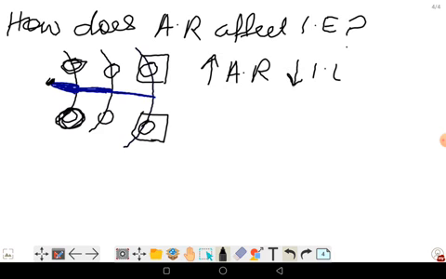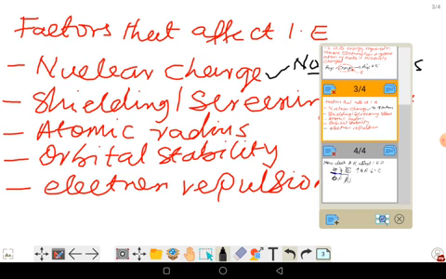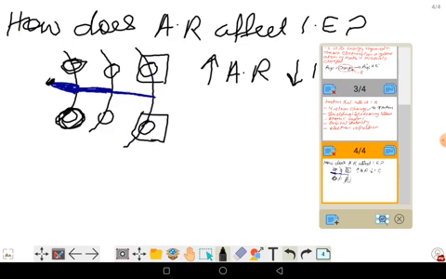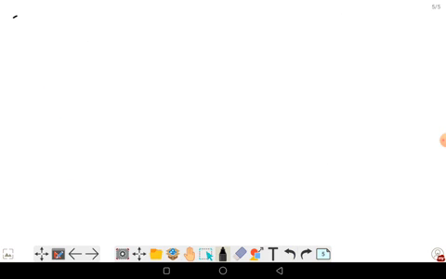So the next factor which we have not discussed is orbital stability.